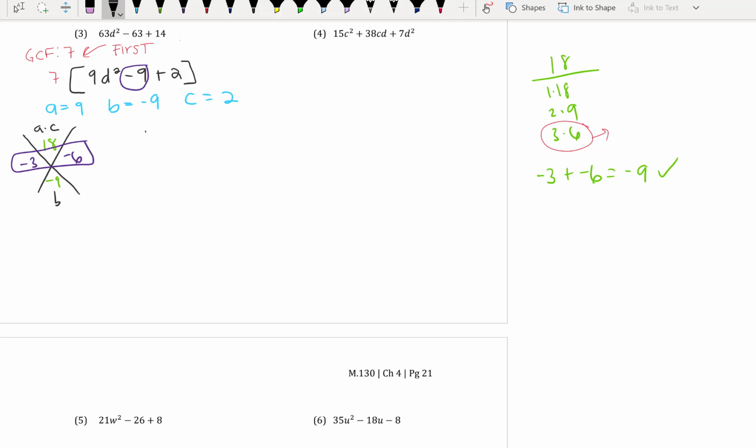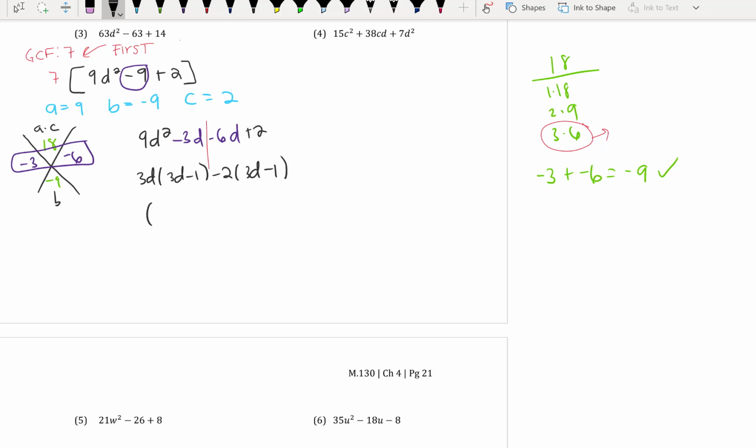So now I have my 9d squared minus 3d minus 6d plus 2. So I split it in half. The first two have a 3d in common, so I'm left with a 3d minus 1. The last two have a negative 2 in common, so I'm left with a 3d minus 1.